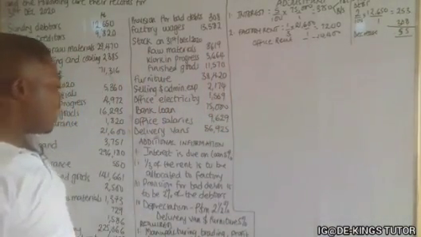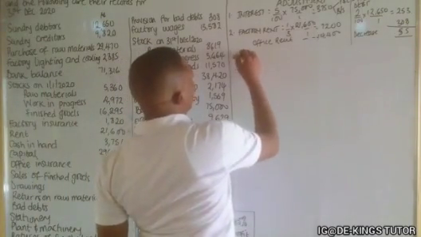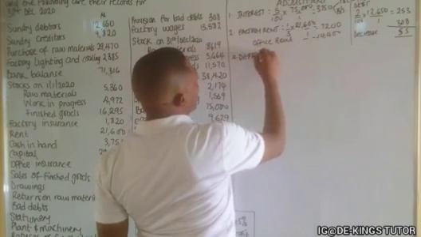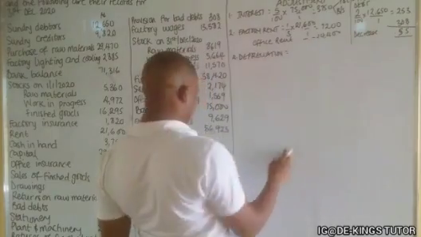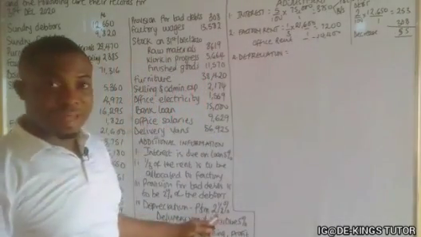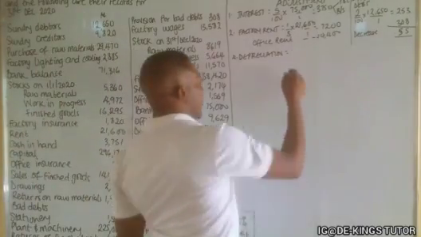And the next one is depreciation, plant and machinery, 2.5%. Now this is a mixed fraction. If we convert to an improper fraction, it's 2 times 2, 4 plus 1. That is 5/2.